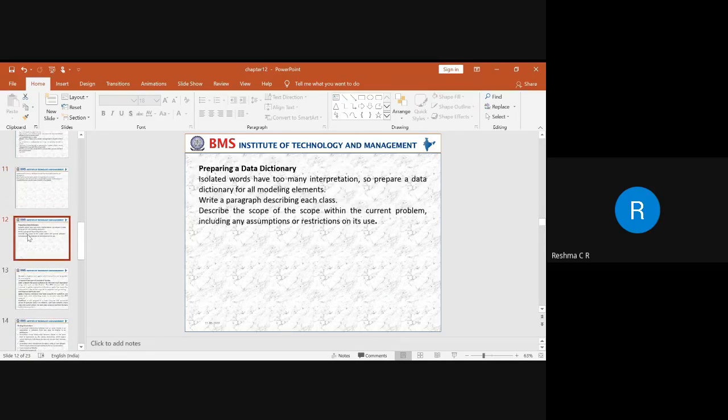So next thing is preparing a data dictionary. A data dictionary is nothing but describing the other data. So how do we describe a particular data? For example, when we are taking the ATM as a case study, what data dictionary can be prepared for an ATM class?